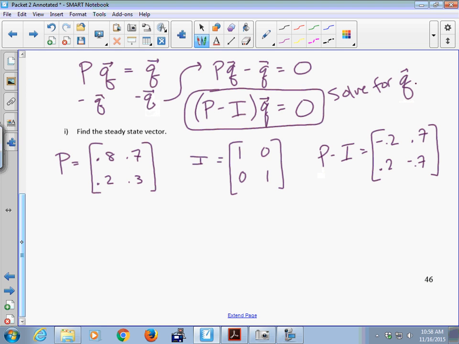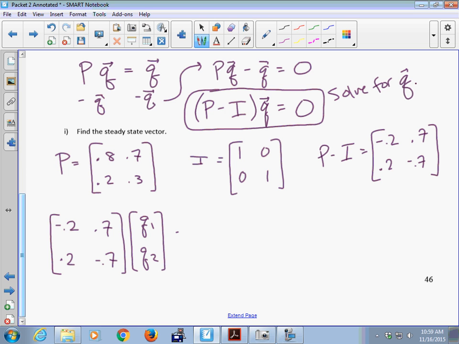Then I want to solve for Q, the steady state vector, which has 2 entries, Q1, Q2. I'm looking for the null space of the matrix P minus I. Nice connection. I'm looking for the entries Q1, Q2 that will give me 0, 0.